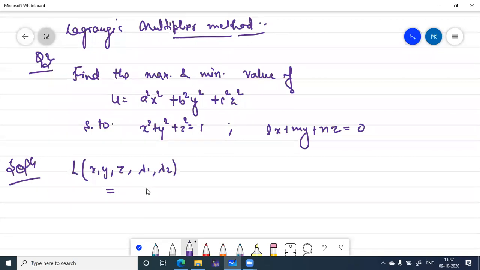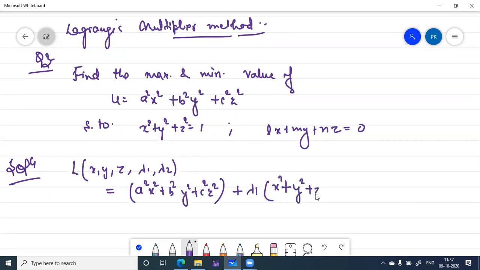L is equal to a square x square plus b square y square plus c square z square plus lambda 1 times the first equality, x square plus y square plus z square minus 1, plus lambda 2 times lx plus my plus nz.